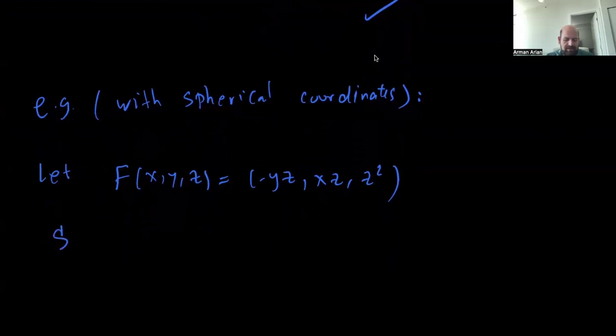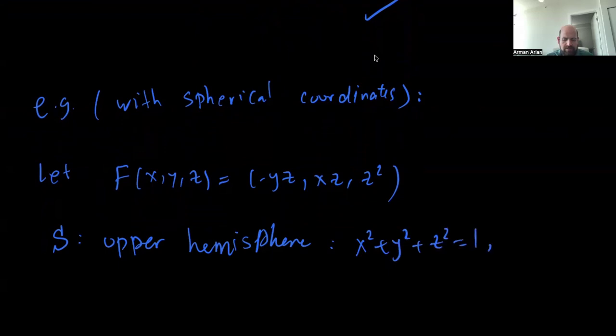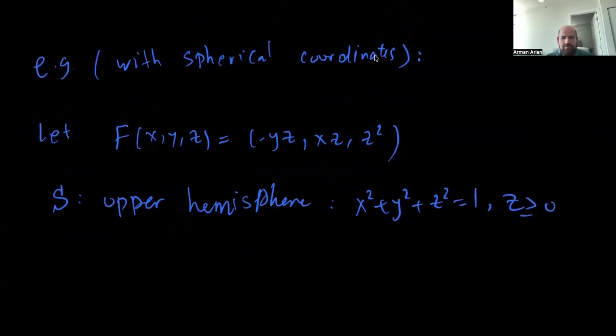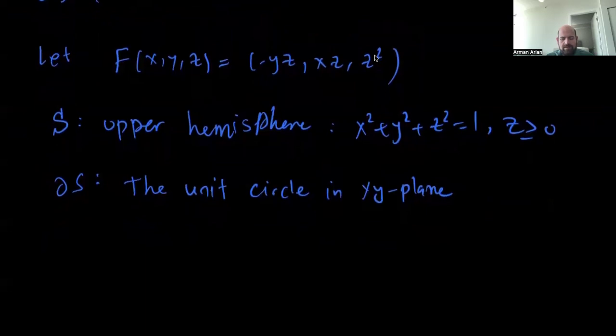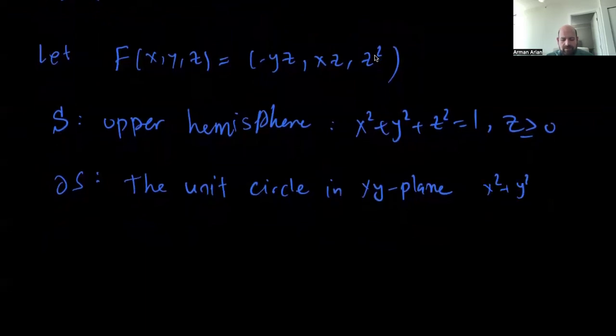And S is the upper hemisphere, x squared plus y squared plus z squared equals 1, with z bigger than or equal to 0. And the boundary of S, again, is the unit circle in the xy plane, x squared plus y squared equals 1, with z equals 0.